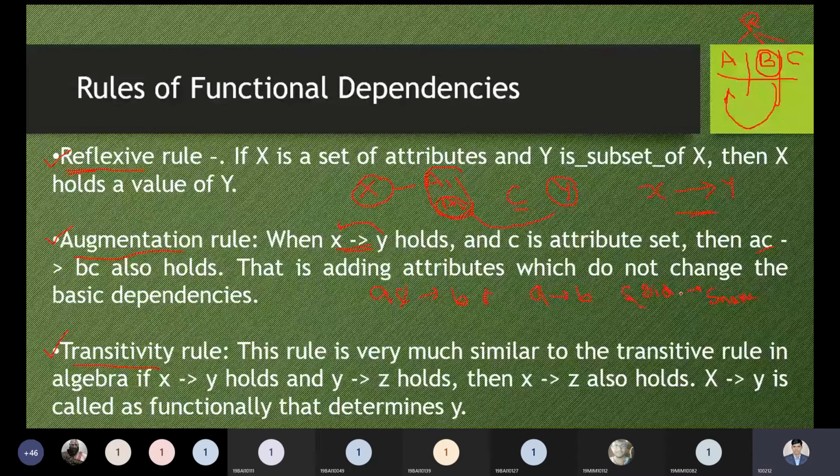Student ID and age determines student name and age. So it is just equal to student ID determines student name. So what are we augmenting? We are augmenting a new attribute, that is age. So putting or augmenting an additional attribute doesn't matter.